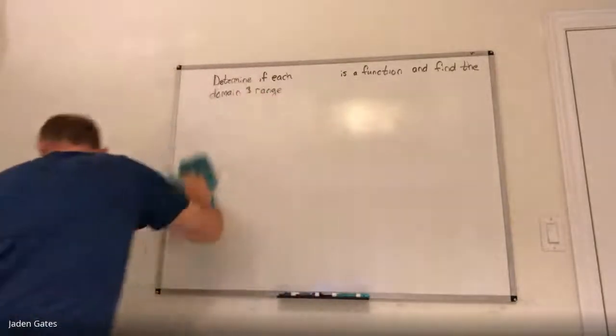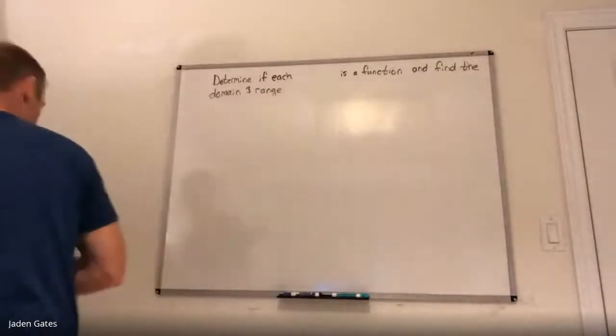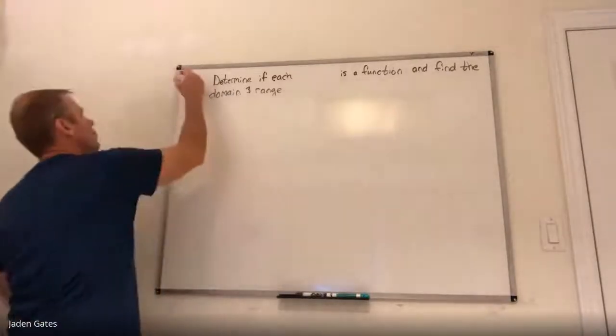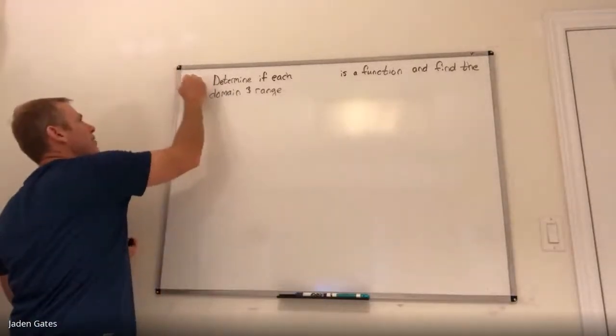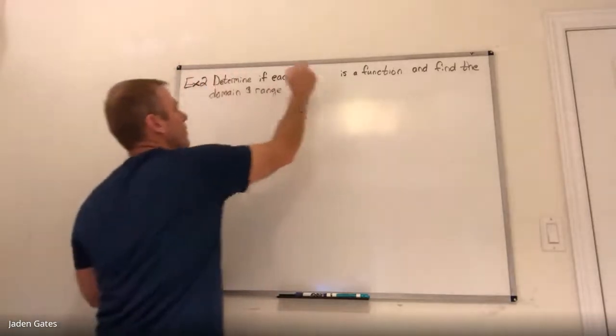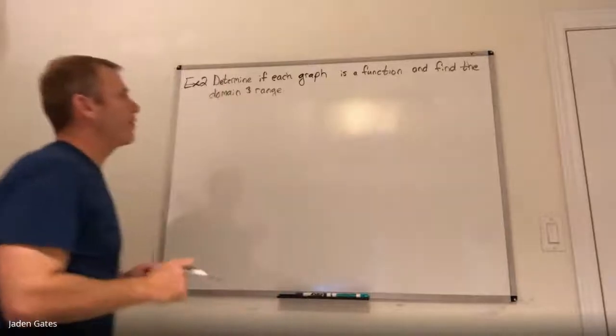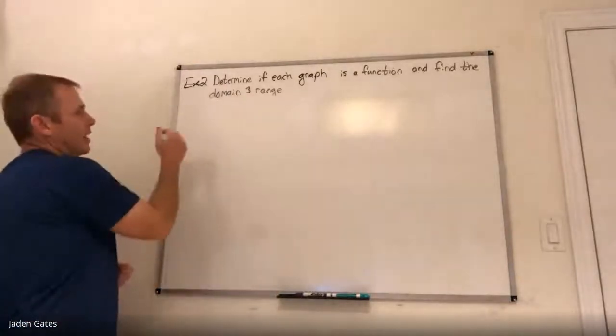All right, so let's see here. I'll try to fit 2 different graphs. So again, this is going to be example 2. We're doing the same idea, but we have different things. So determine if each graph is a function and find the domain and range.